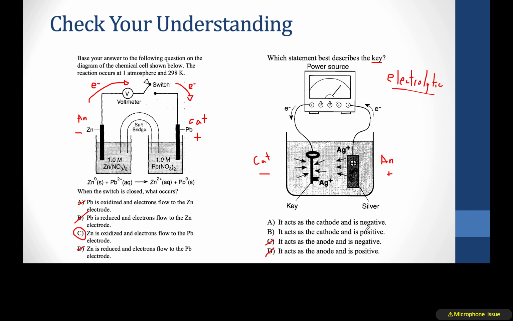So the answer must be A. Acts as the cathode and is negative. That's why it requires a power source. Electrons don't like to move toward negative things, but if you provide power, you force them to. They won't do it on their own.